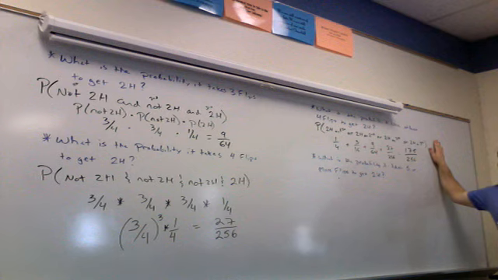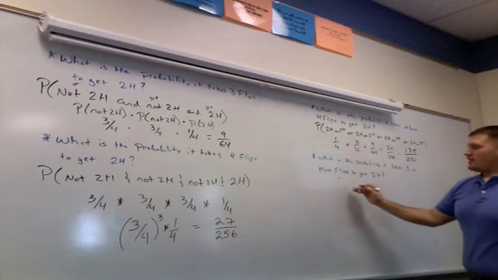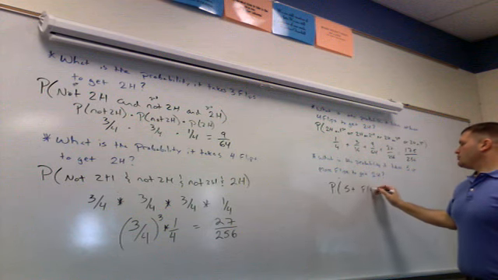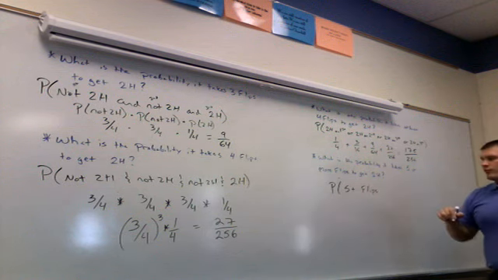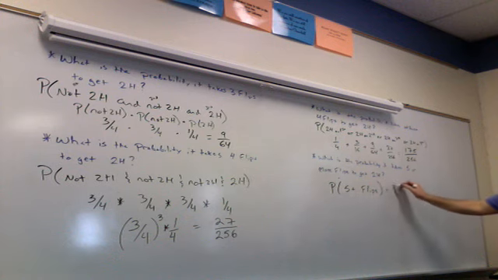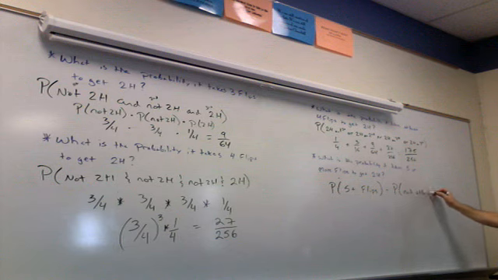So that means the probability it takes 5 or more flips is essentially the probability of not at least 4 flips.